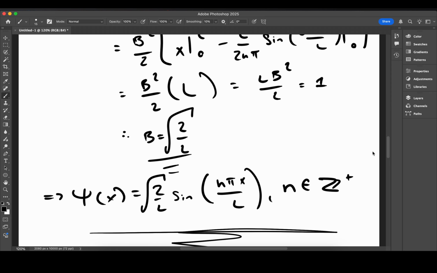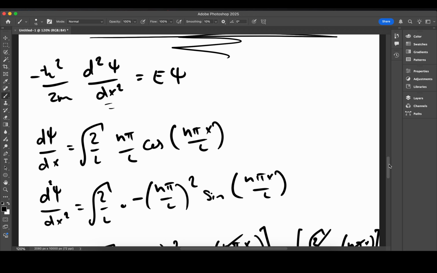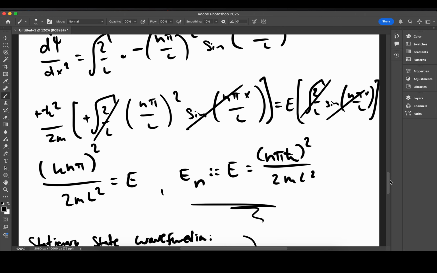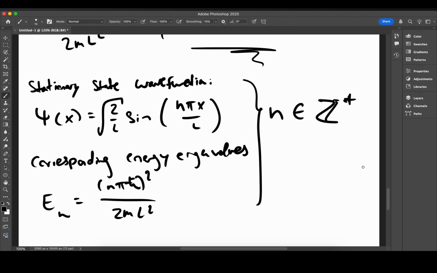We found it's root 2 over L, and then we have our wave function, and then we just threw everything back into the time-independent Schrodinger equation in one dimension and solved for the energy eigenvalues directly. And that's really all there is to do.